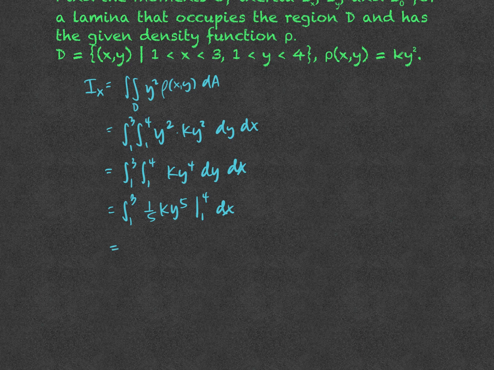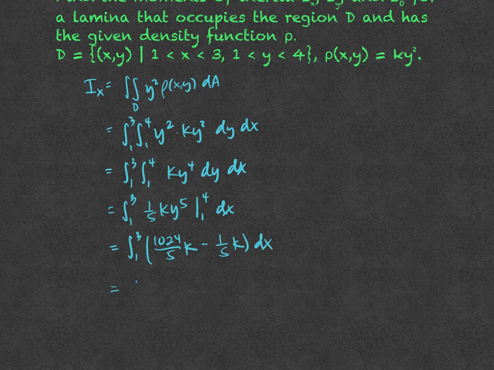So we have the integral from 1 to 3, 4 to the fifth. So we have 1/5, and 4 to the fifth is 1024 over 5 k. And we subtract 1, so we have 1 over 5 k with respect to x.